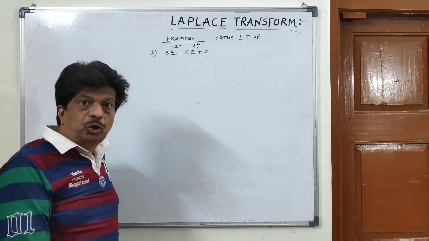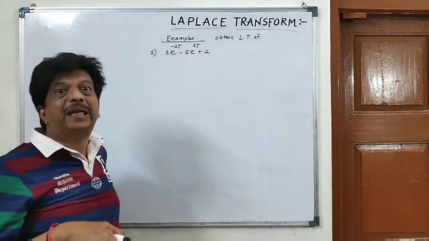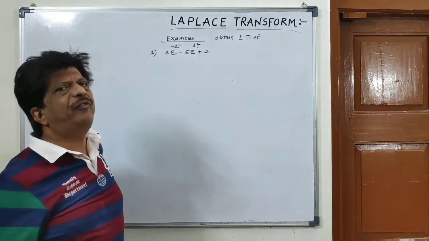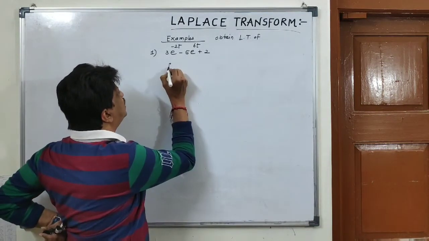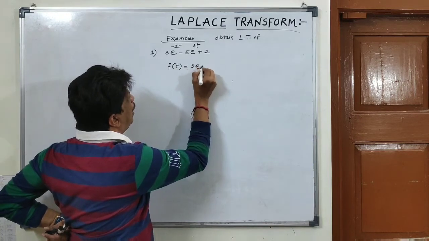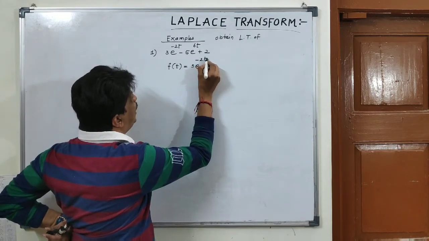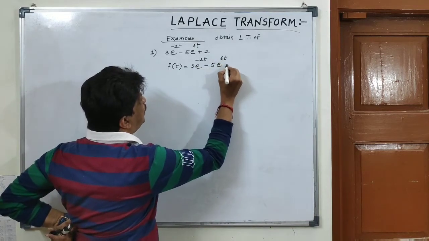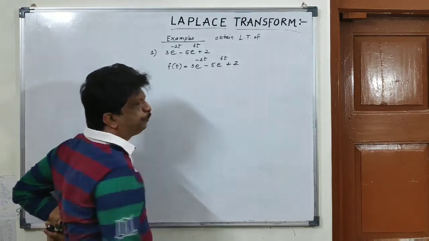The function whose Laplace transform is to be obtained is a function of t. So that is denoted by f of t. So f of t is 3 times e raised to power minus 2t minus 5 times e raised to power 6t plus 2.